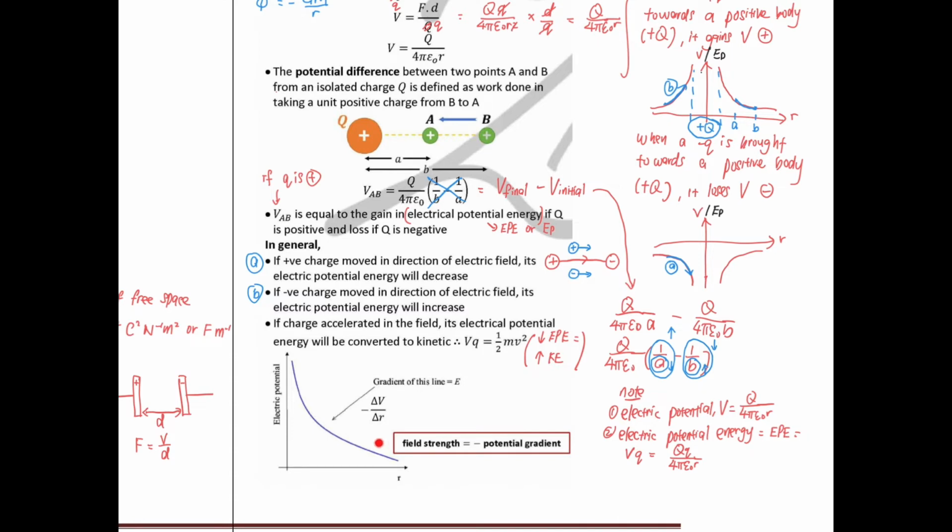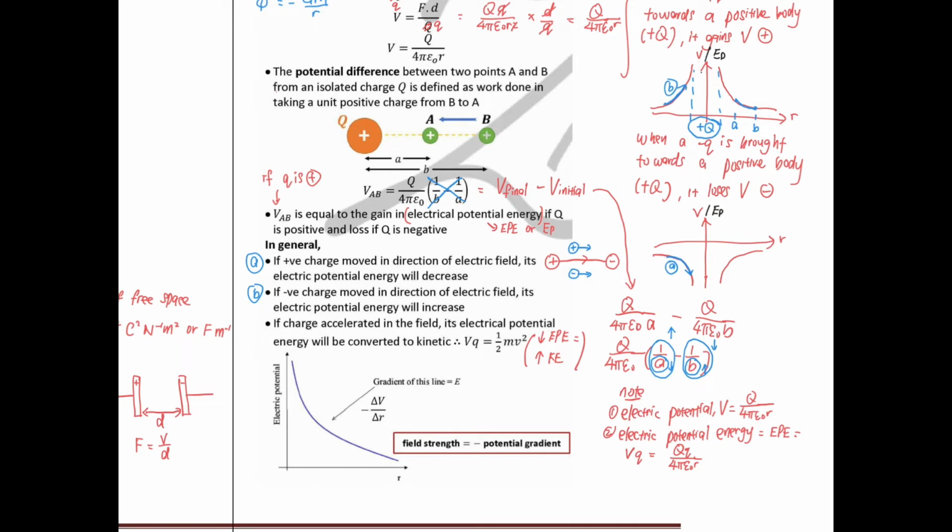What is the difference between one side and two sides, like what I have drawn here? If I put two sides, that means if your positive Q is in the middle, and you have another positive Q, which can approach from the right-hand side, or you can also approach from the left-hand side.